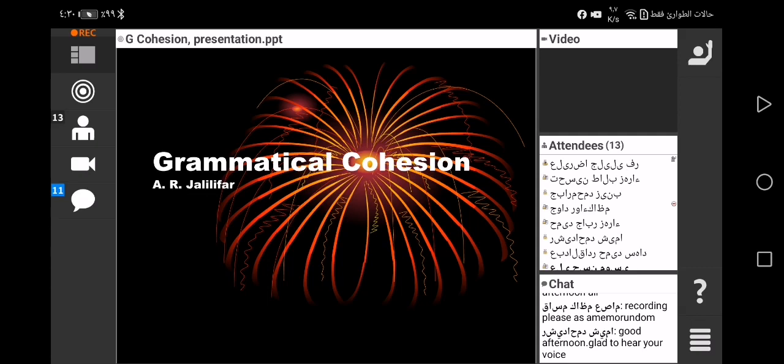When we speak or when we write, the words that sit side by side are not just separate entities, but in fact they relate in one way or another to each other. This relationship is achieved by cohesion, which might be at lexical level or at grammatical level.